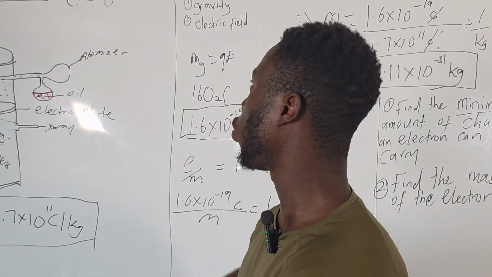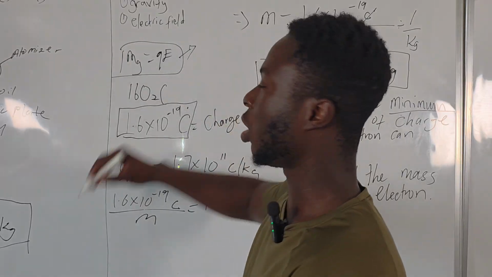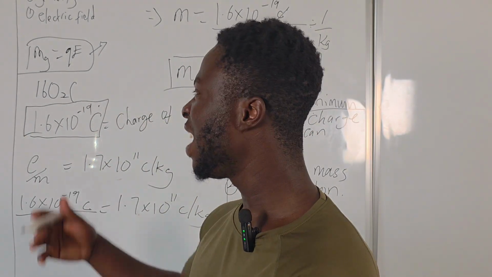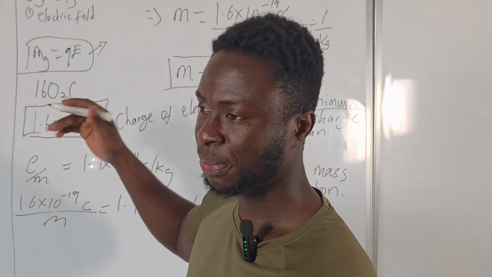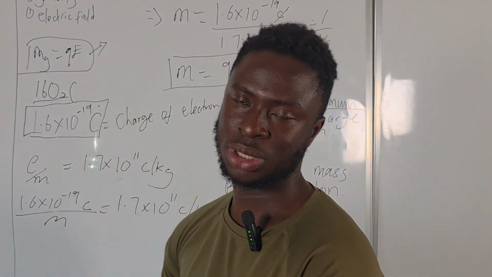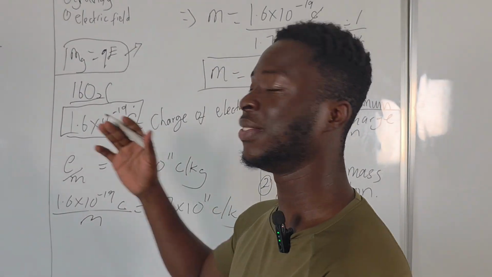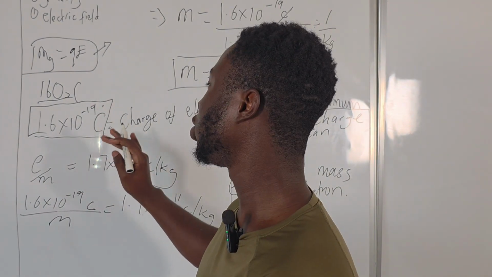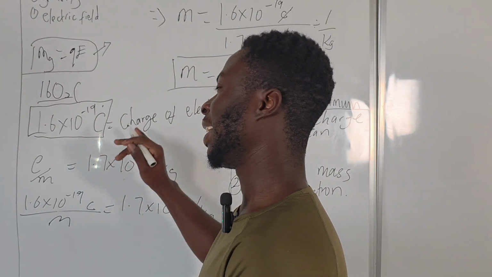So that he could coin an equation from it. And with the equation, use it to plot a graph of charge to mass, and found out that for any mass, the charge comes in a multiple of 160 zeptocoulombs, 1.6 times 10 raised to the power negative 19 coulombs. So that is how they figured the minimum amount of charge a particle can carry, which is the charge of an electron.